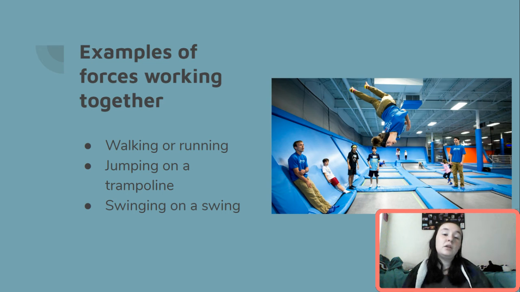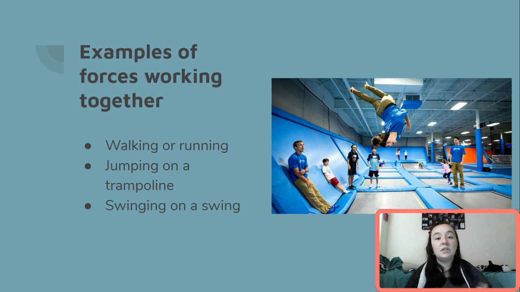And then swinging on a swing. There's actually something on the choice board where you could do an activity with air resistance and gravity. So air resistance is the air pushing against whatever is flying in it. When you're swinging on a swing, you are using your legs to push yourself back and forth.